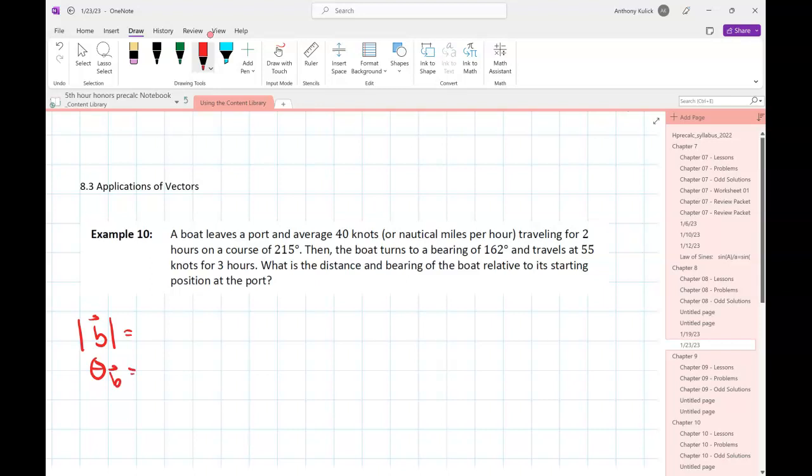I'm going to start by figuring out the magnitude and direction for the boat vector. The boat is traveling 40 knots for 2 hours, so the length of that trip was 80 nautical miles.